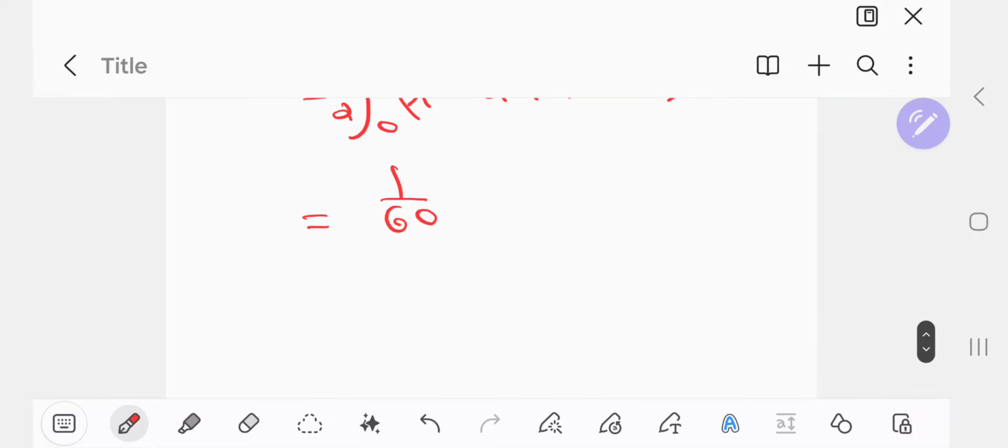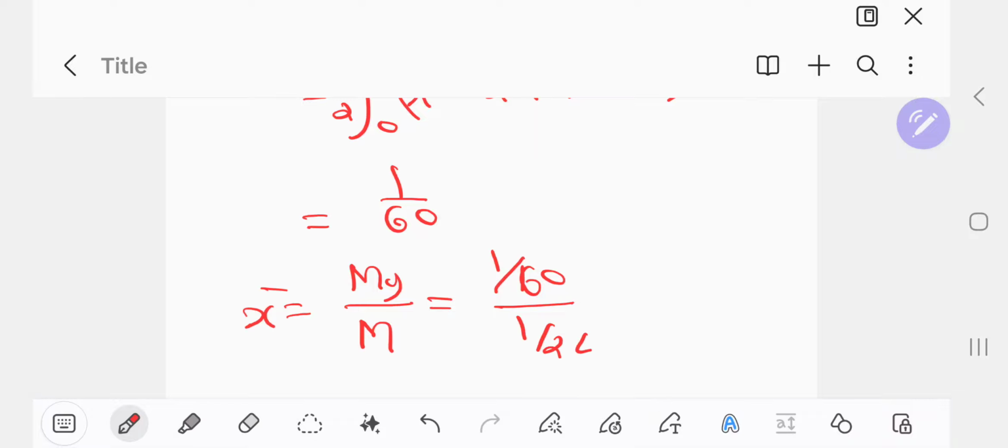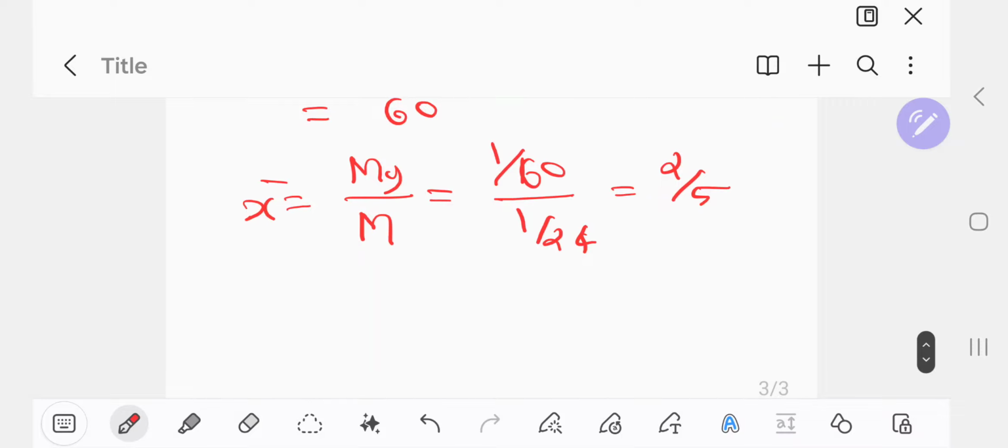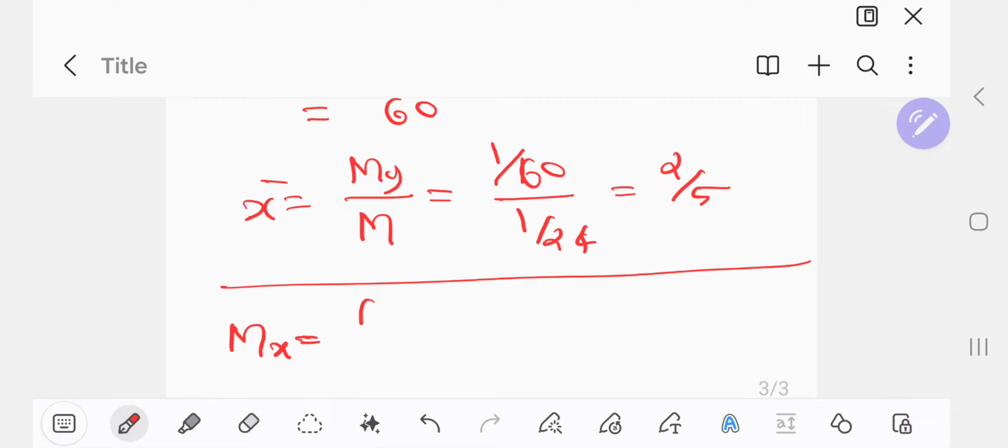From that, x bar will be My by m, which is 1 by 60 divided by 1 by 24, equal to 2 upon 5. Similarly, Mx equal to the double integral over R of y times delta of xy dA, which is also equal to 1 by 60.